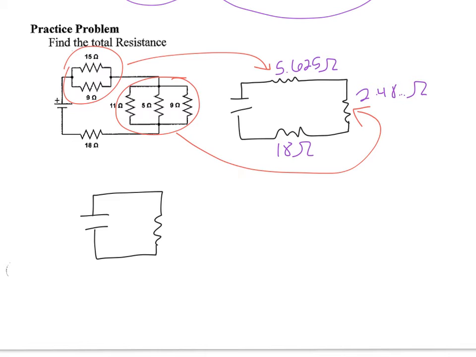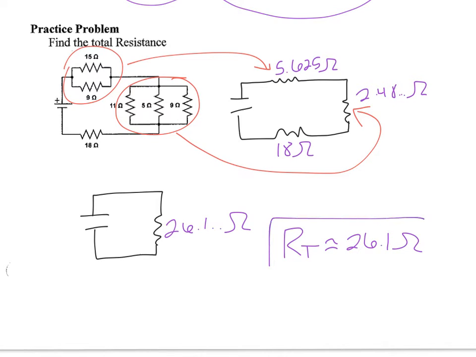So 5.625 plus 2.48 plus 18 gives me 26.1, keeps on going, ohms. So my total resistance is about 26.1 ohms. And again, you don't want to worry about sig figs for these because there's going to be so many numbers that you're solving for. All right, so this is how we reduce resistors.